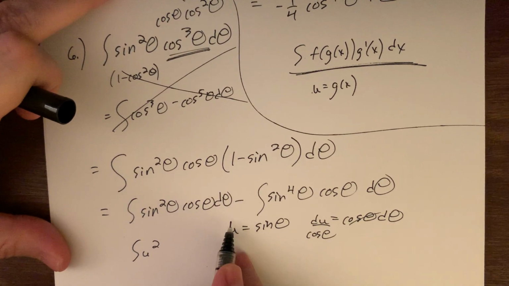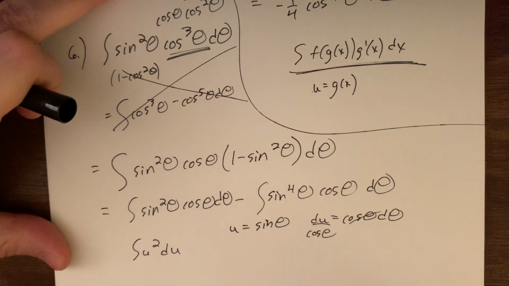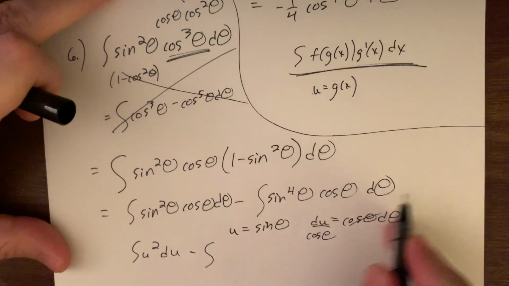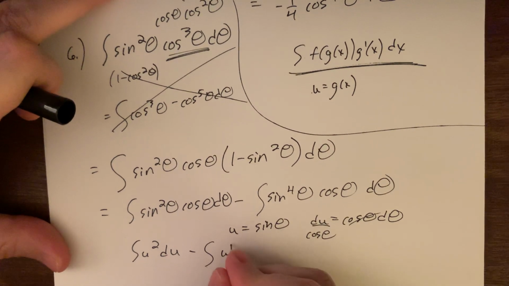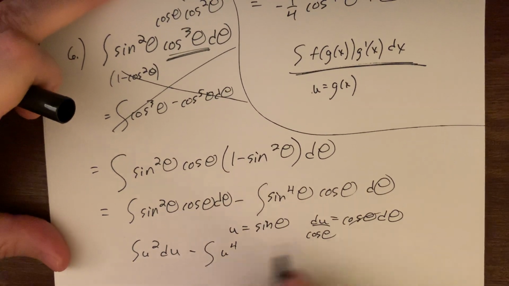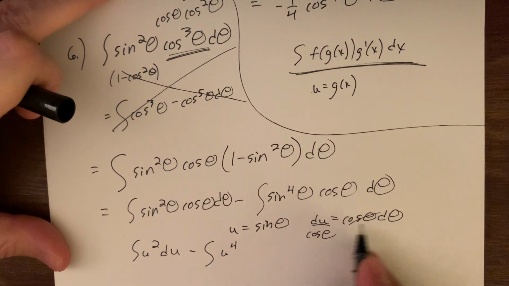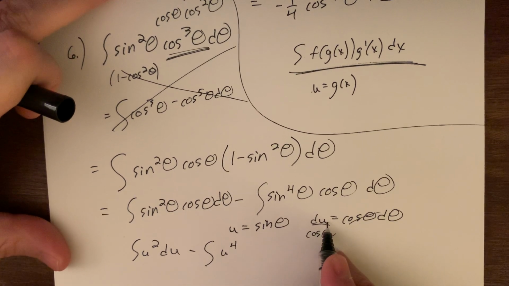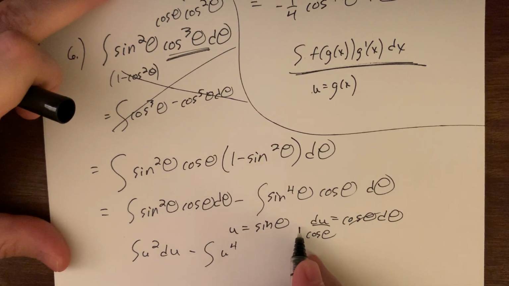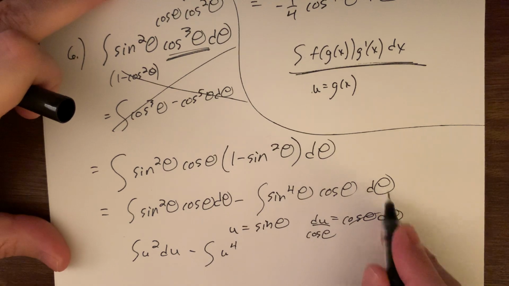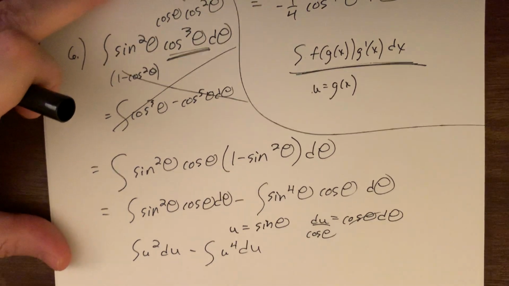Cosine times du over cosine, you get your du. And the same thing here. Sine to the fourth is u to the fourth. Cosine d theta is du, or as you solve, cosine theta times du over cosine, you get your du.